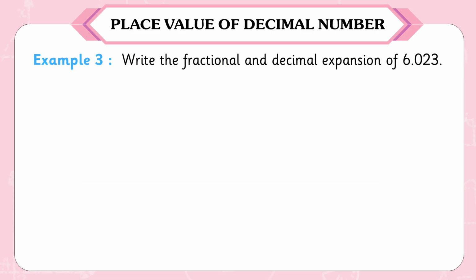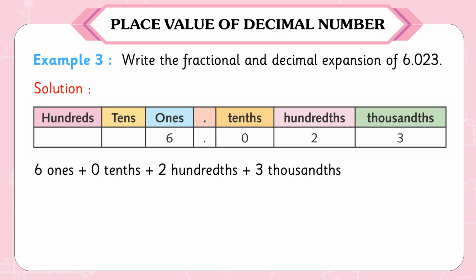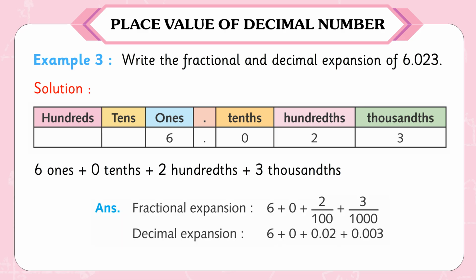Example 3. Write the fractional and decimal expansion of 6.023. Solution. Hundreds, tens, ones, point, tenths, hundredths, thousandths. 6.023 is 6 ones plus 0 tenths plus 2 hundredths plus 3 thousandths.